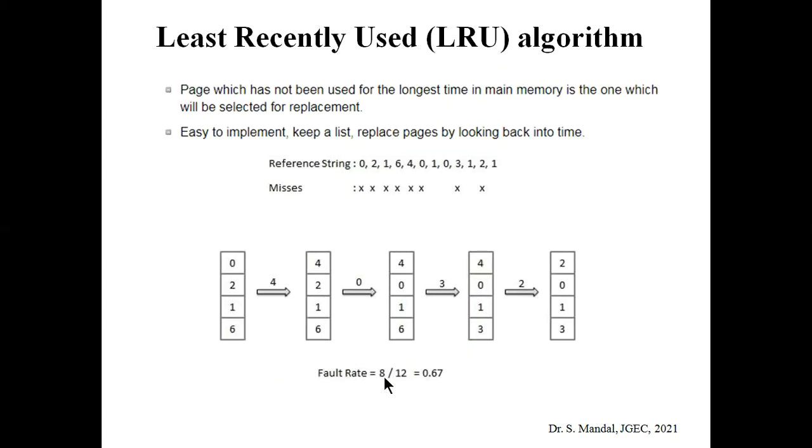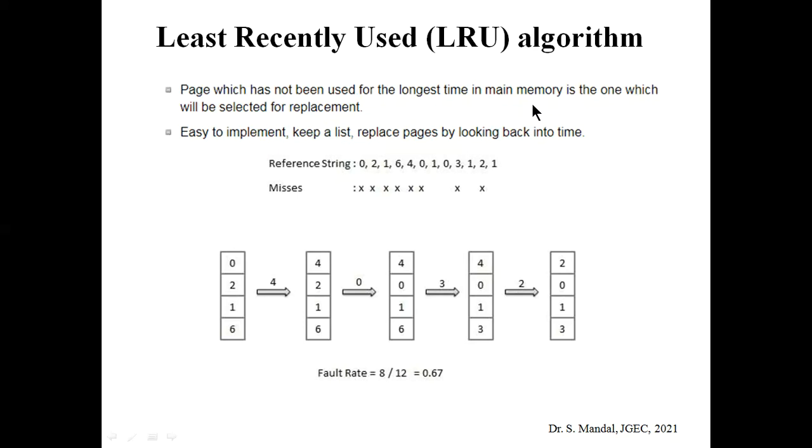Next, coming to the least recently used algorithm, or LRU algorithm. What is the least recently used algorithm? As per this algorithm, the page which has not been used for the longest amount of time in memory is the one selected for replacement. Again, the page which has not been used for the longest time in main memory.